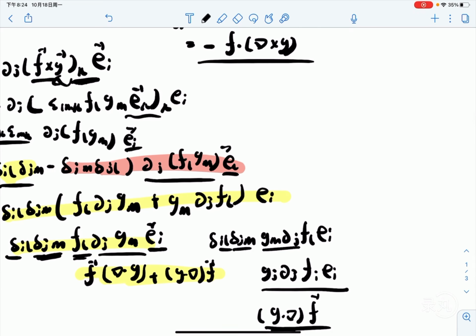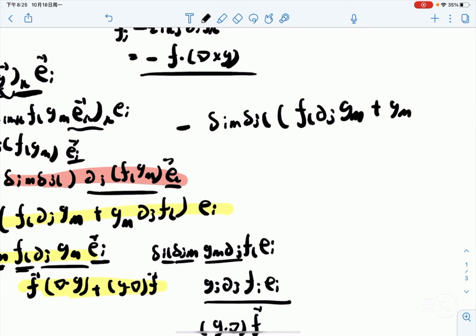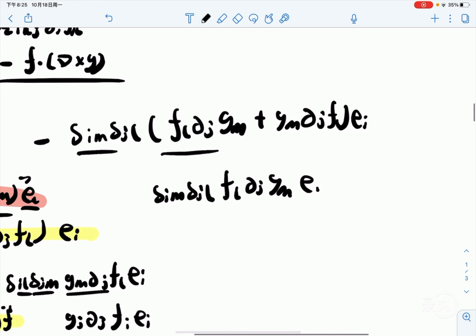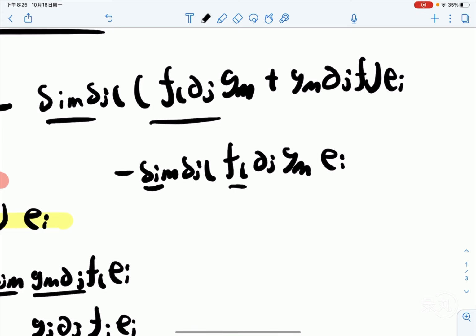So it is equal to δ_IM δ_JL, and by the chain rule, this is equal to this: ∂_J F_L G_M plus F_L ∂_J G_M e_I. Observe the first term is δ_IM δ_JL F_L ∂_J G_M e_I, minus. And the first term requires that I is equal to M, and this is equal to this.